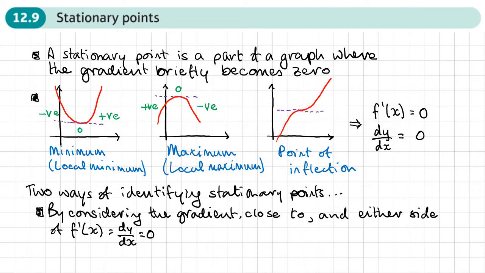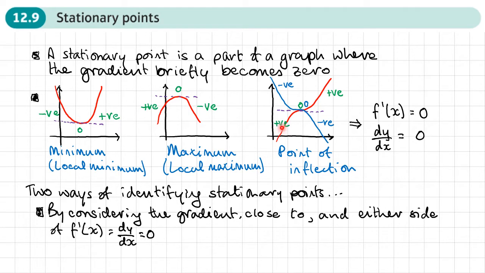Here, however, with the point of inflection, in this example, the gradient of the graph is positive, then it's zero here, and then it remains positive. Now I've drawn a point of inflection that goes up like that. It could be a point of inflection that goes downwards, so it could be starting this way, going down, going across, and going down like this, in which case the gradient would be going from being negative, then zero, and then negative again.